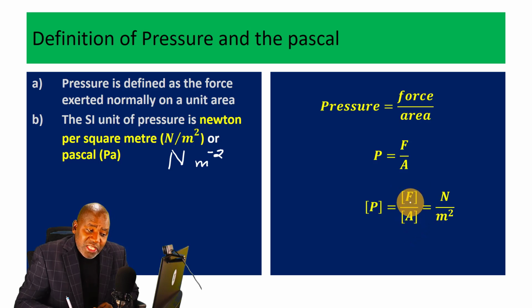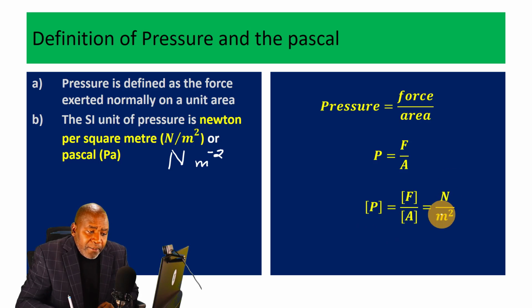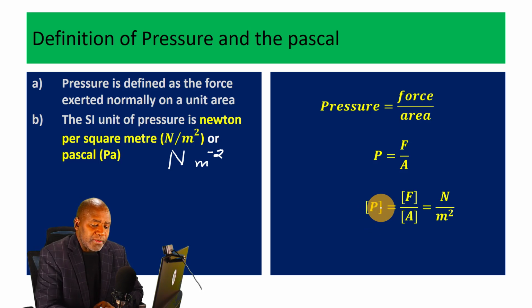And since the SI unit of force is Newton, the square brackets disappear, because right now we are not talking about the SI unit of this physical quantity. It is the SI unit itself. So the square brackets disappear here because these are the SI unit of force, the SI unit of area, and when we combine the two, we get the SI unit of pressure. So understand that.